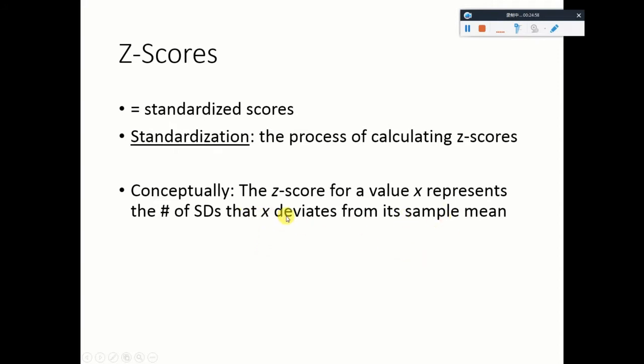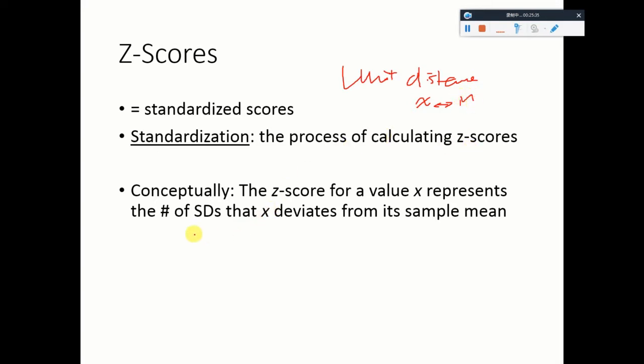And we measure this distance between x and the mean using standard deviation as the metric. Because, as we said, standard deviation is the unit distance for any x, relative to the sample mean.